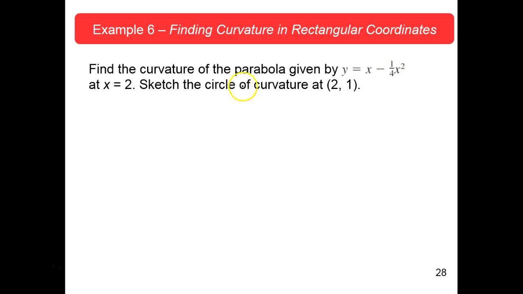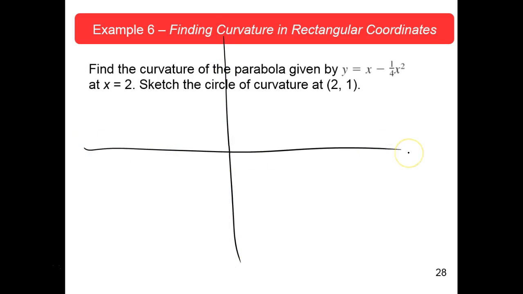So let's get our axes here somewhere and find a few points. When x is equal to 0, y is equal to 0. Well, I didn't need it there, did I? We'll see.